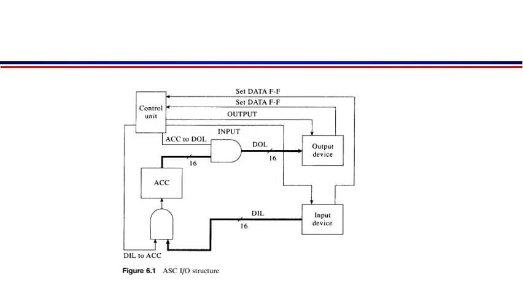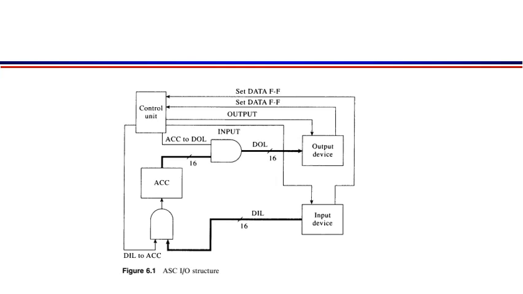Also, data from the input device will not be delivered to the accumulator unless the data input lines to accumulator control signal is high. So when the data input line to accumulator, DIL to accumulator, signal is high, data from the input device will be transferred or delivered to the accumulator.